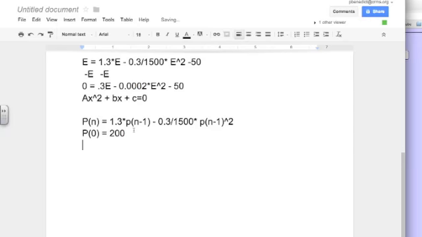And instead of just subtracting 50 like we did last time, they want to subtract 10%, okay? Which we can represent like this, 0.1 times P of n minus 1, okay? Now you'll notice that these are like terms. This term and this term.